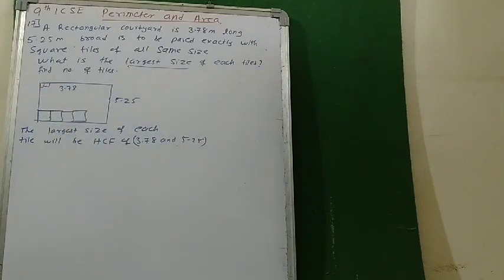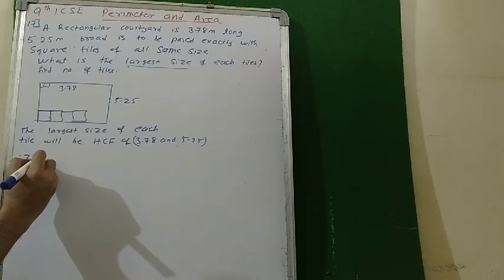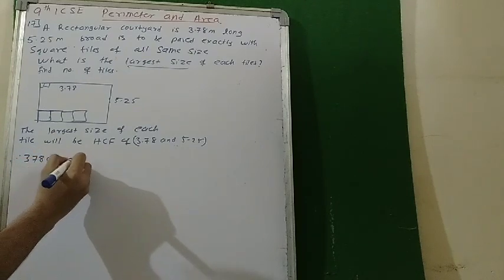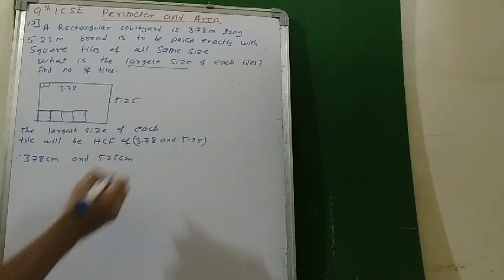Okay. See, this is 3.78 meters, 5.25 meters. I will convert this into centimeters. Therefore, 378 centimeter and 525 centimeters.